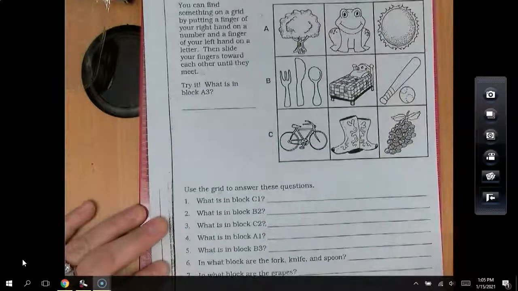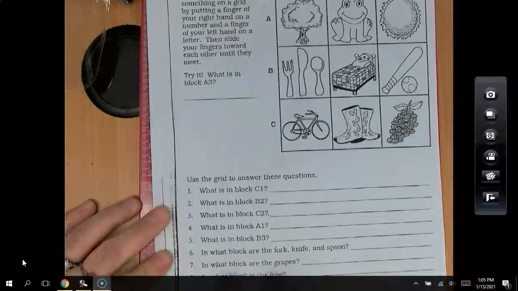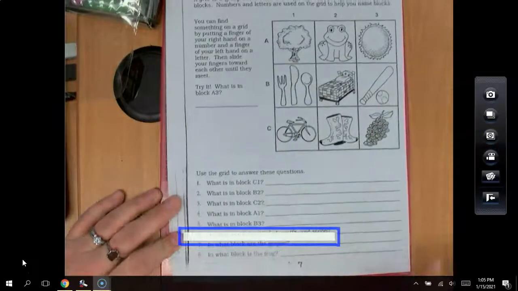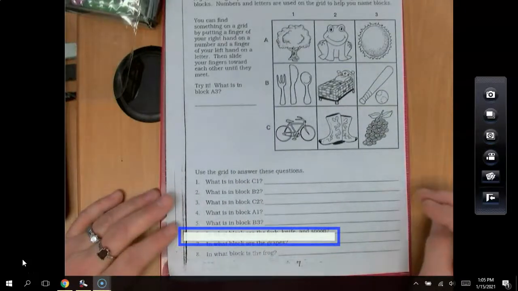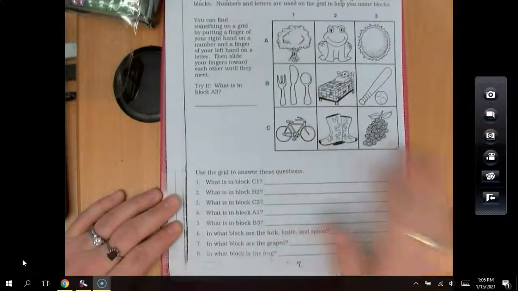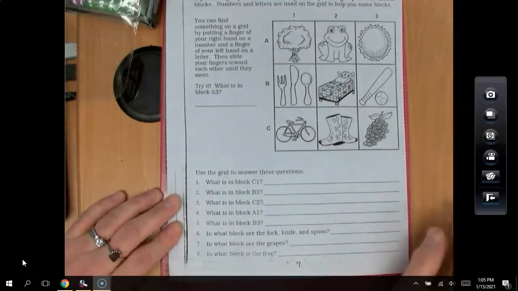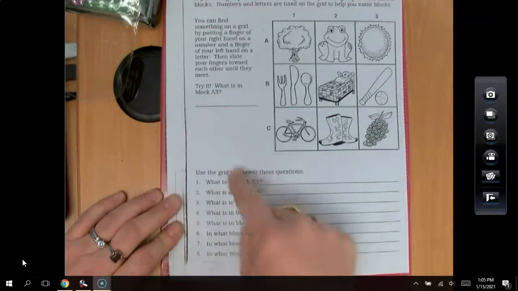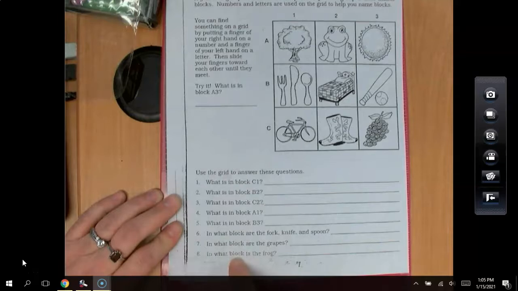You are going to have options down at the bottom that you're going to drag and drop to the correct spot. So you're going to use the grid to complete all of these questions. Please make sure you complete this one right here. It says what is in block A3, and you complete all of the questions down at the bottom.